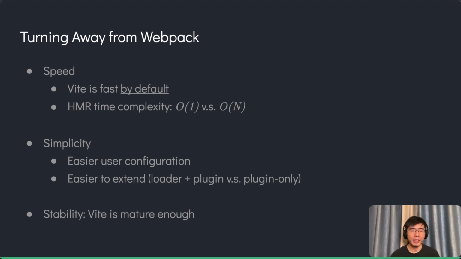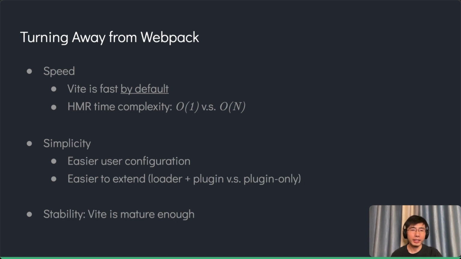However, it is extremely hard to get all these configurations right, and it requires tons of dependencies. Meanwhile, in Vite, the good performance is out of the box. You don't have to configure anything additionally.